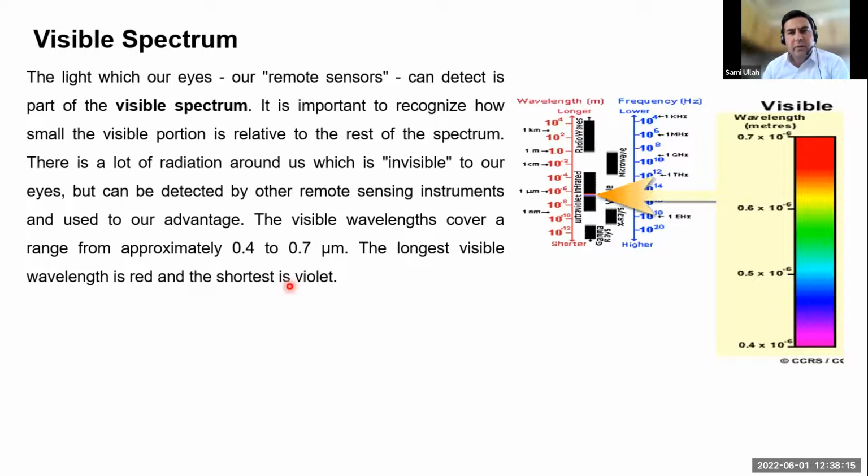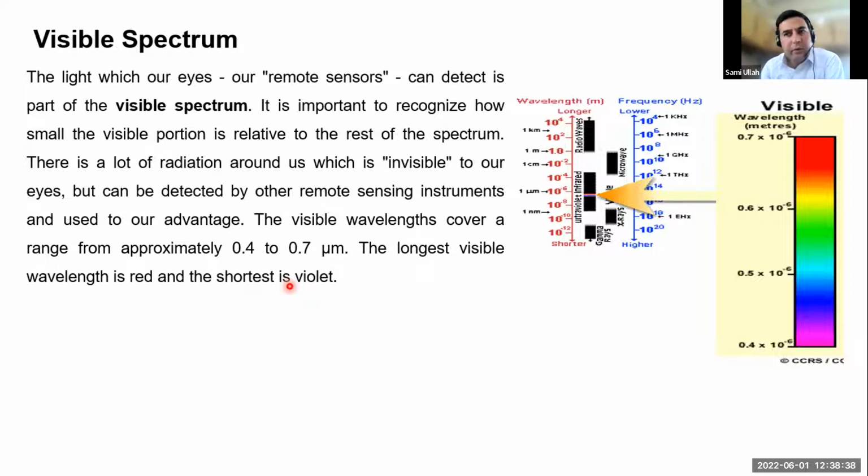So the question is that we have a lot of radiation. We have infrared radiation, we have microwave radiation, we also have radio wave radiation, but we cannot see them. It's only because they do not fall in the sensitivity range of the human eye.